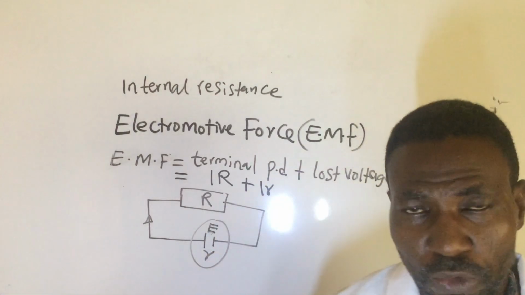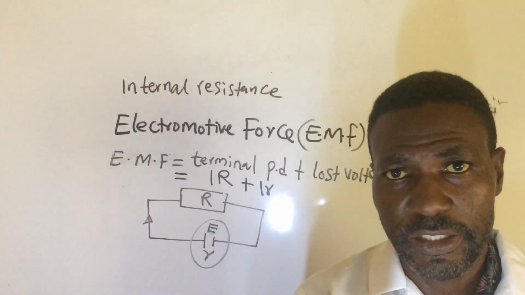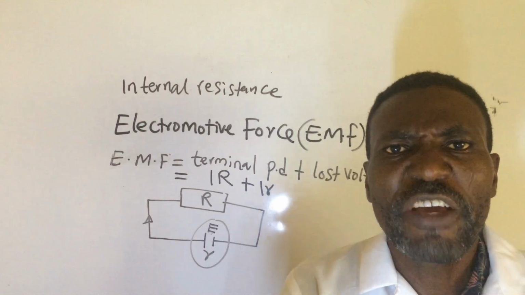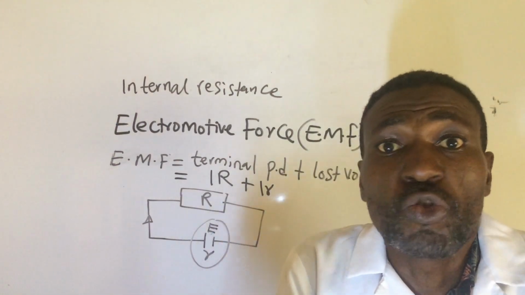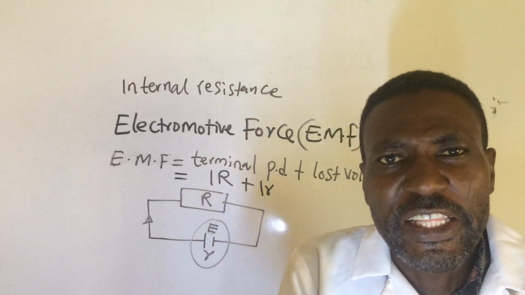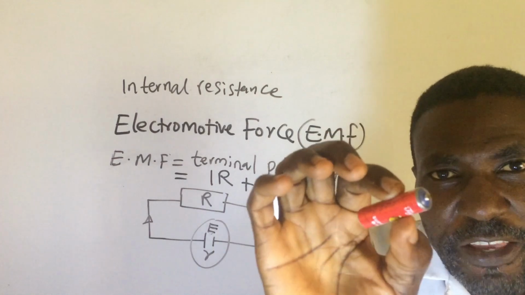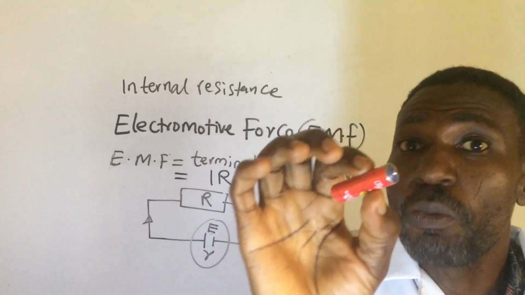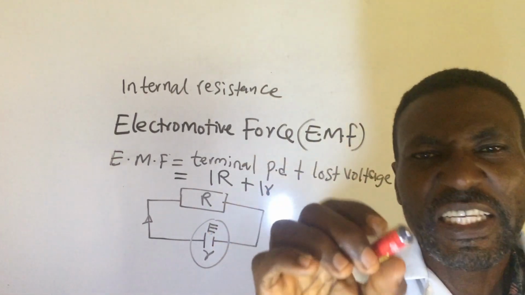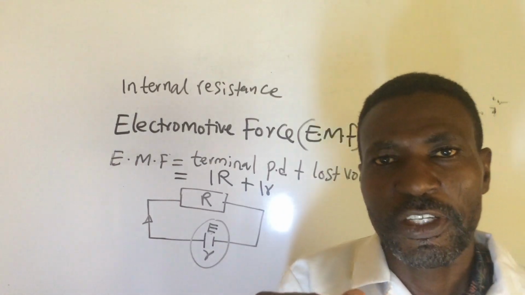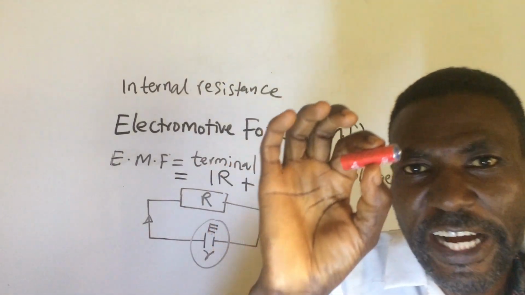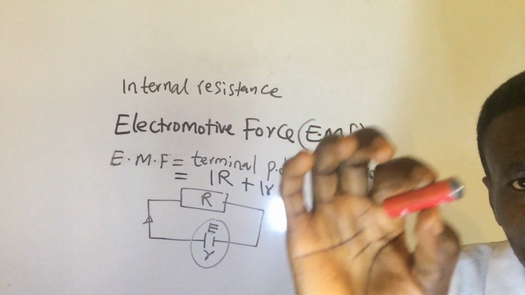It will try to stop the movement of the current out of the battery. So if the resistance is too high, then the current that this battery can give will be smaller. But if the resistance is small, then the current that this battery can give will be much.